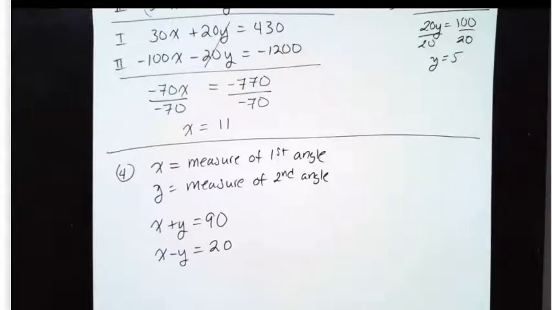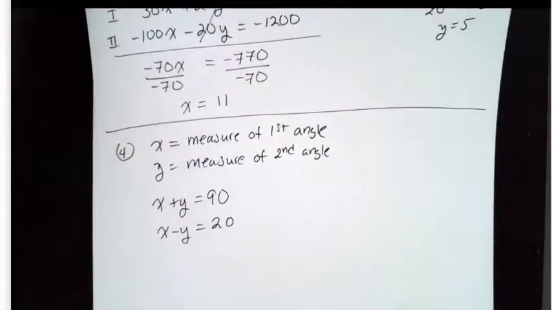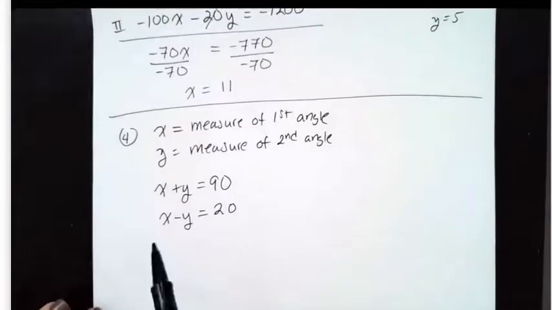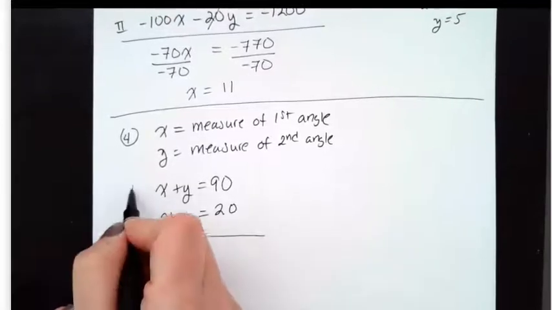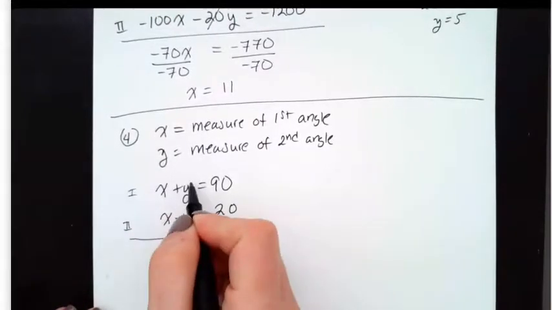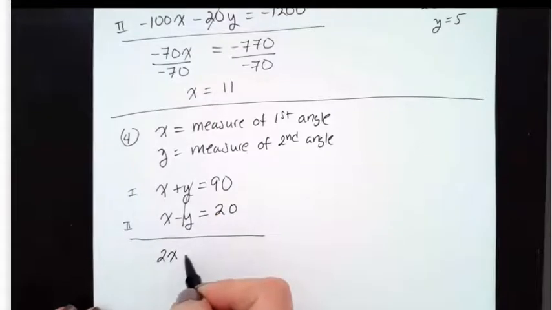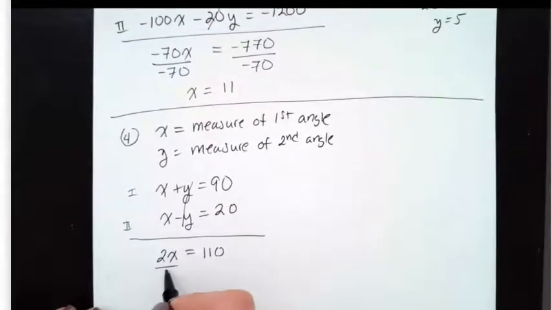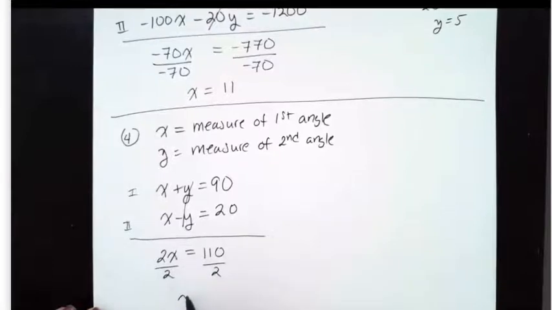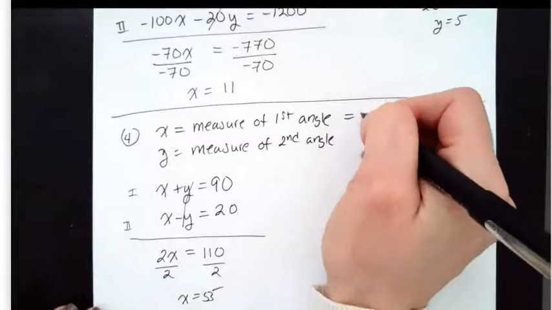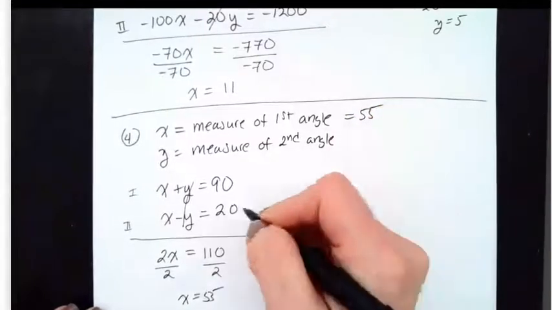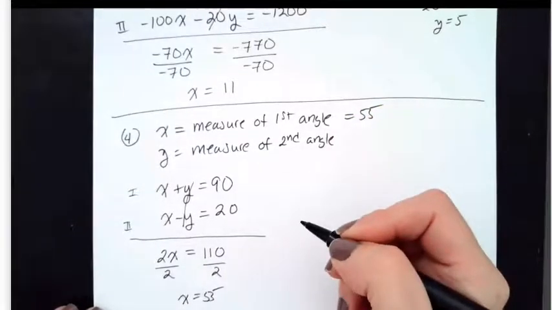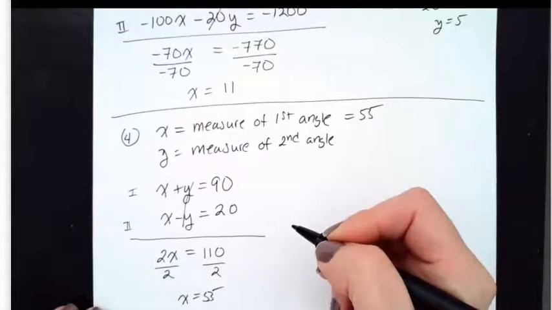So this is set up very nicely to do elimination because the y's are already opposites in coefficients. So I'm going to add these together, 1 and 2. The y's cancel. So we have 2x equals 110. Divide by 2, and I get x equals 55. So the measure of my first angle is 55, and I can use either of these equations to get the other missing variable.